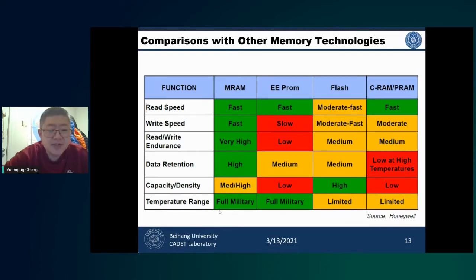Also, the data retention time is more than 10 years, so it can be classified as a kind of non-volatile memory. The capacity and density, although it cannot compete with the flash memory, are much higher than the SRAM. That's why the STT-MRAM can be used as the on-chip cache to replace the SRAM cache on chip.